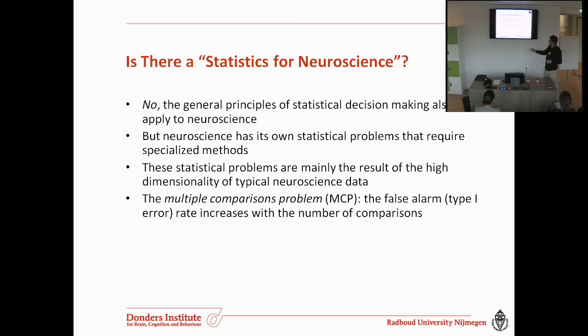And that brings us to the multiple comparison problem. In every experimental comparison between two conditions, we typically have tens to hundreds of thousands of comparisons. Each of them can be made using either a t-test or an F-test, depending on the number of levels of your independent variable.